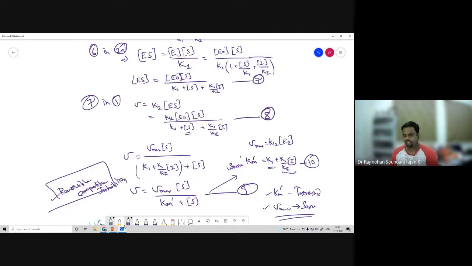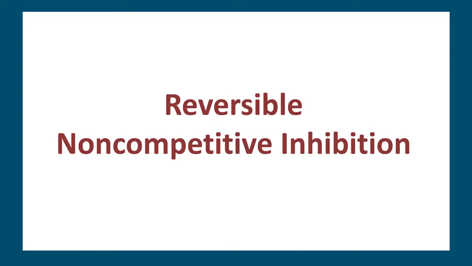Now we will derive the equation for reversible non-competitive inhibition. We have seen the derivation for an enzyme inhibitor when it is reversible competitive, which means it is competing with the substrate to occupy the active sites.